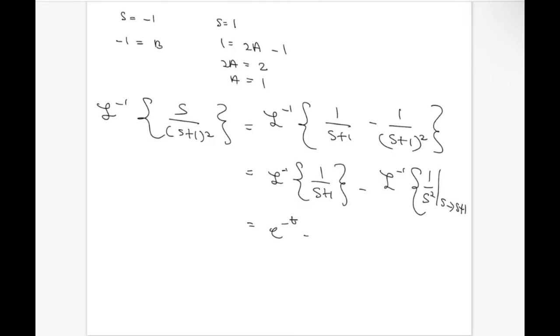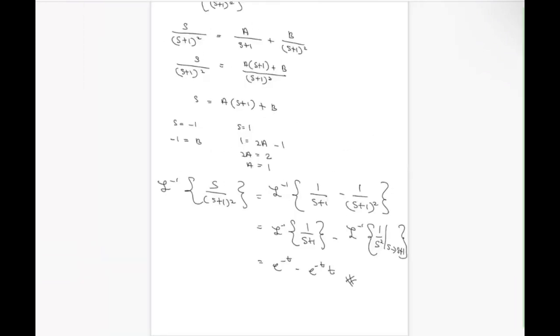So 1 over s square is t. So s plus 1, here exponent minus t. So 1 over s square is t. So that is our answer. So number 17: exponent minus t minus exponent minus t times t.